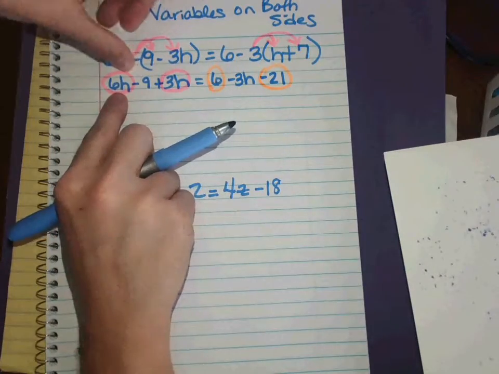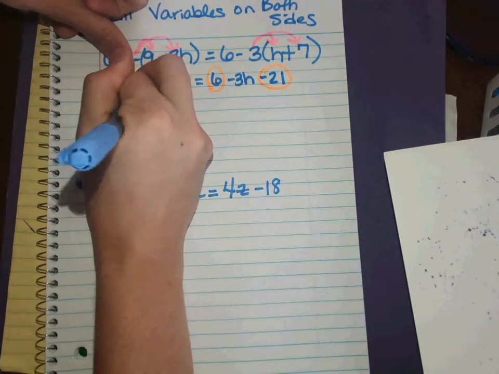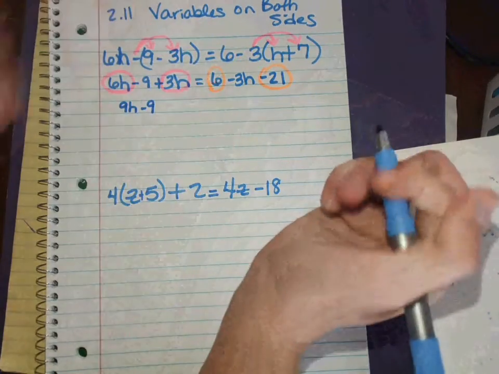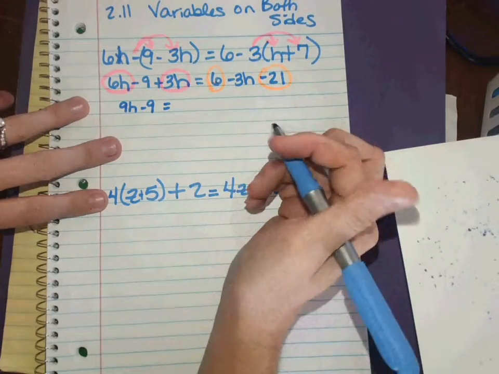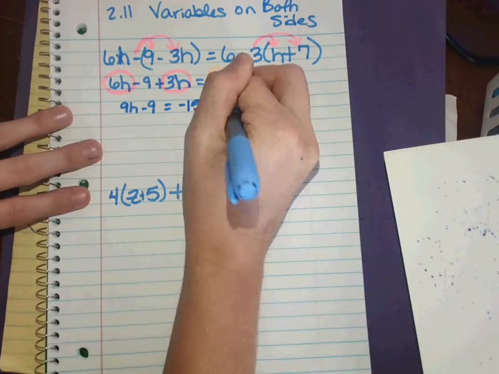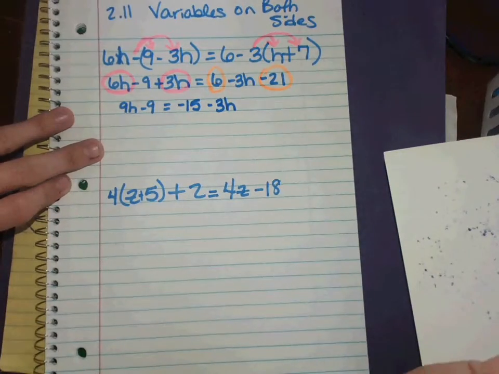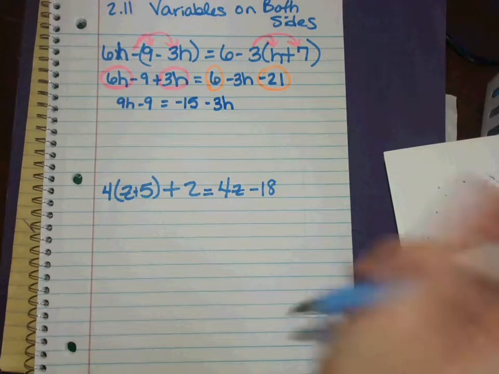So first I'm going to look, 6h plus 3h will give me 9h minus 9 equals 6 and -21. That would give me -15 minus 3h.